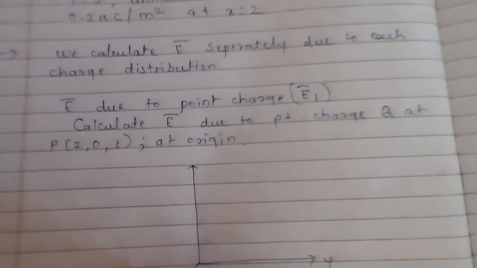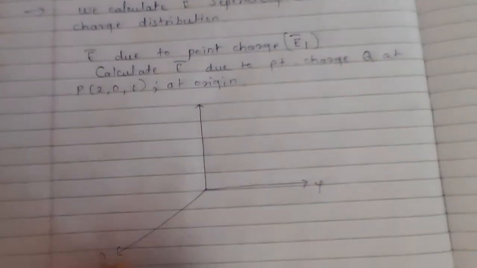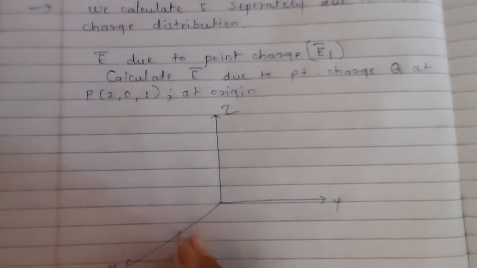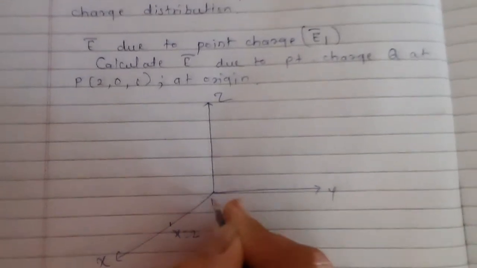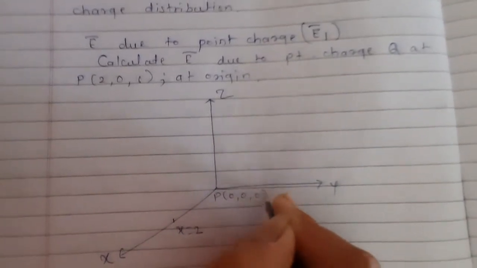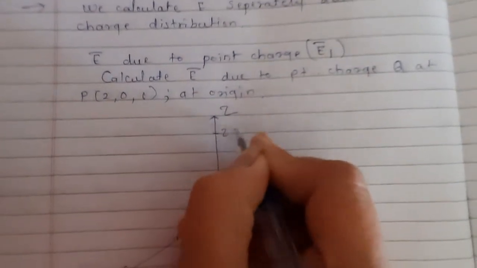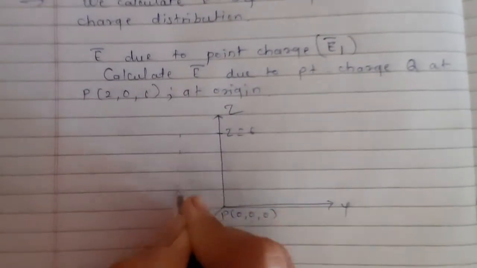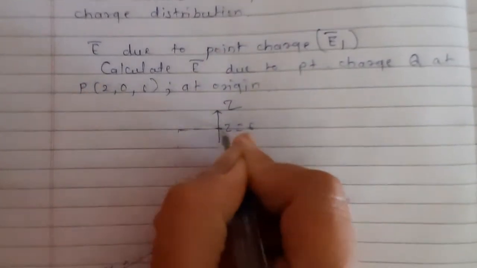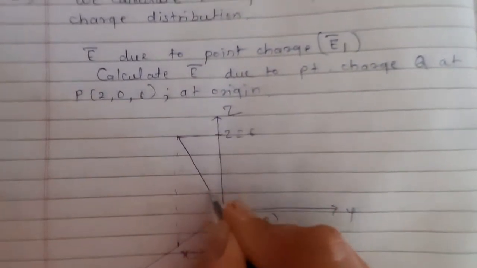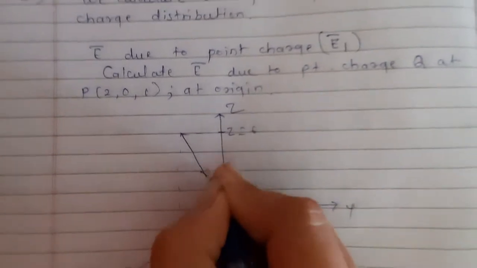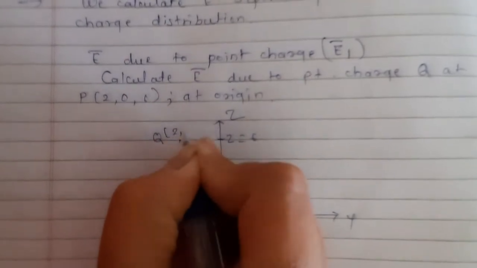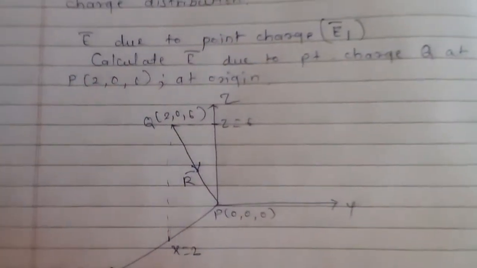This is y, this one is x-axis, and this is z. So here x is equal to 2, this is the point of origin, and z is equal to 6. This is vector r bar, this is point Q at (2, 0, 6).